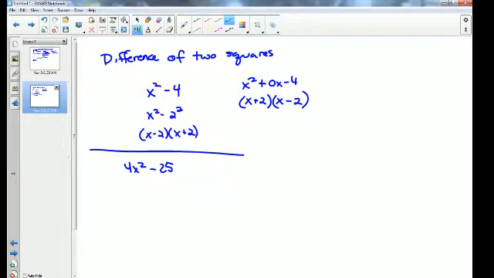So what's this term squared? 2x. Yeah, 2x squared minus 5 squared. So what are our factors? 2x minus 5, 2x plus 5. It's just these terms.